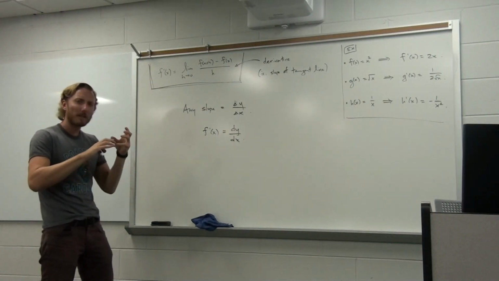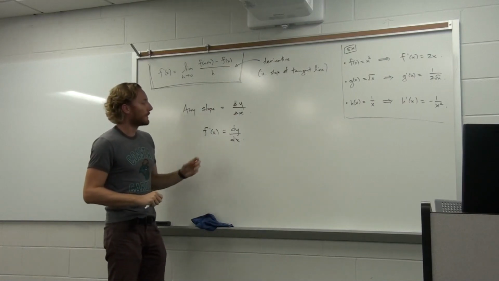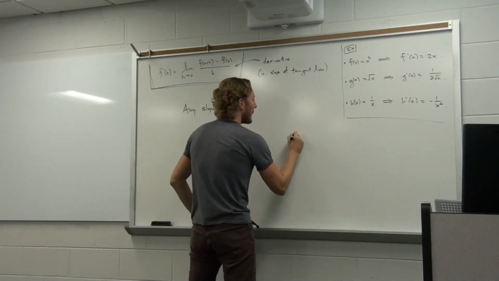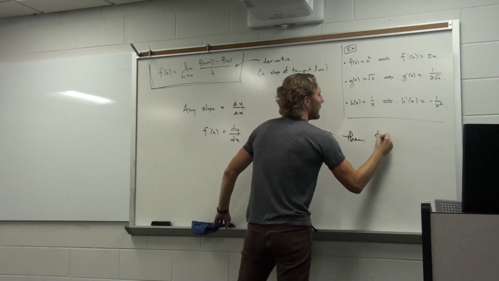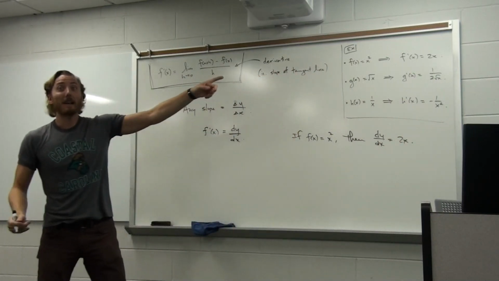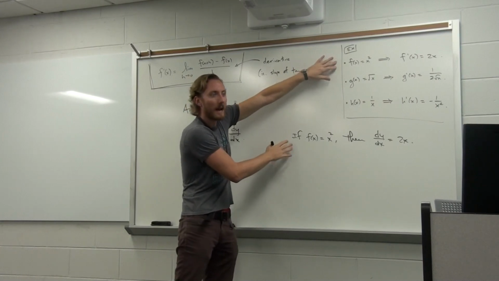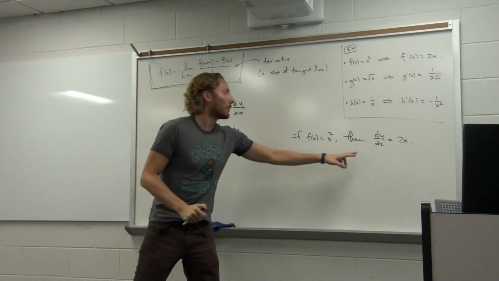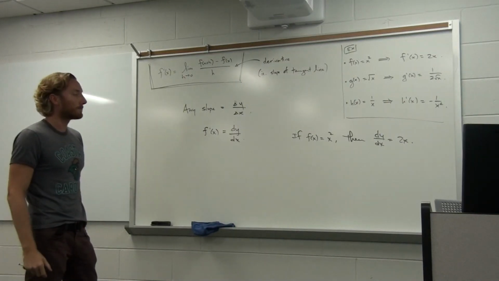So dy over dx, indicating the geometric nature of the derivative, would be just another way to express derivative. So if f of x was x squared, then dy over dx would be 2x. This is, in effect, rephrasing the statement which we've known before in terms of our new notation. And the big difference here is simply that instead of using the notation f prime, we're using the notation dy over dx. Nothing deep or to beat ourselves up over.